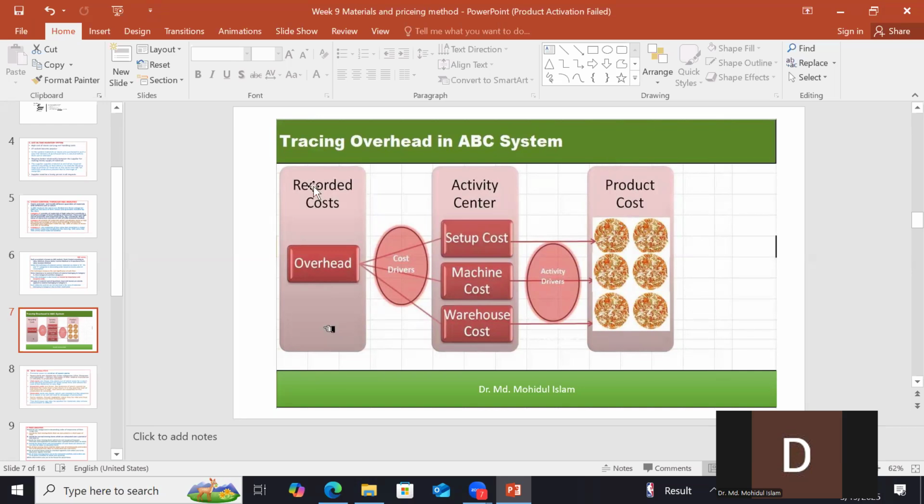At first we record the cost, and the cost is distributed into different segments: setup cost, machine cost, variable cost. The different types of cost are highlighted here. This single cost system is called a cost driver. Okay. Then combined product cost. This ABC system is on the basis of product cost.